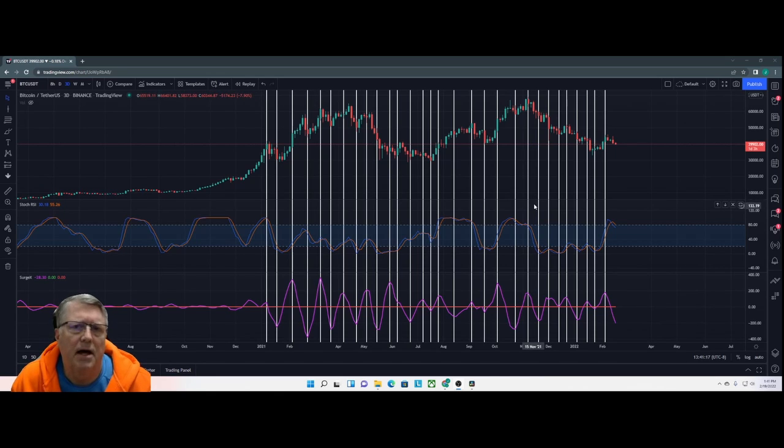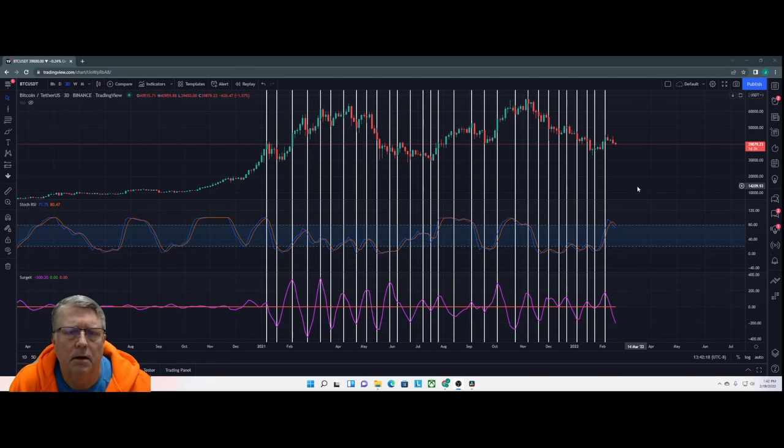So that's the value of the surge oscillator in one sense, is that it tells you, okay, now's the time to make a decision. Do you want to go long? Do you want to go short? And of course, the signals are those actual points of decision. And not every one of these lines is the actual signal. So some of the lines are an actual signal. Some of these lines are not an actual signal.